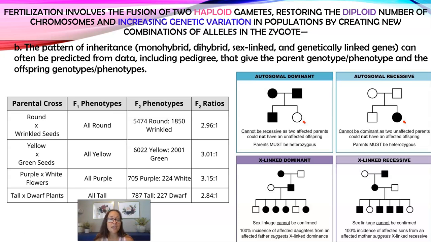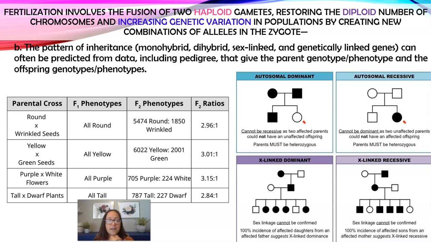So if you see a 3-to-1 ratio of a trait, like in this data here, round versus wrinkled, when you look at the F2 ratios and you get a 3-to-1, when you cross a round with a round and you get a 3-to-1 ratio round to wrinkled, that's telling you that round is dominant and those F1 are all heterozygotes.